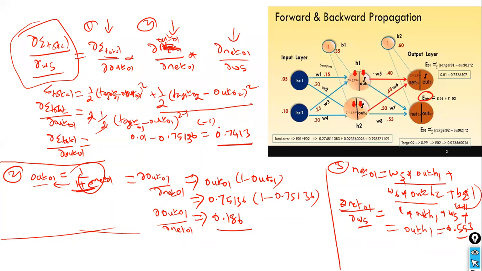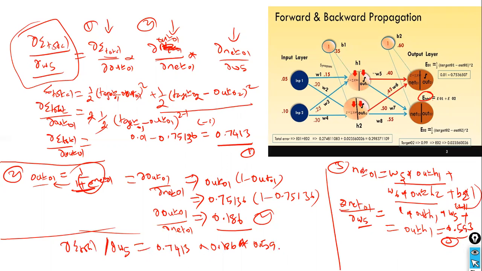So now if you put all these three things, this is 1, this is 2, and this is 3, and plug in these values here, so dou E total by dou W5 is equivalent to 0.7413 into 0.186 into 0.593, and you will get some value.